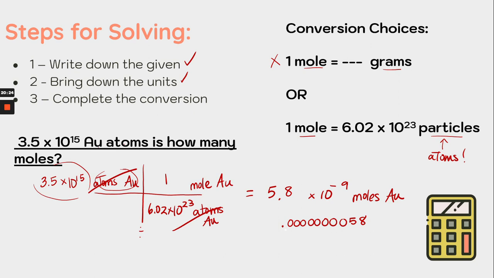But if it decides not to, remember that you can just count 1, 2, 3, 4, 5, 6, 7, 8, 9. So that's where the -9 comes from. I prefer scientific notation, but this is not the end of the world as long as you write it with the correct number of zeros. So don't panic if it doesn't give you the exact same number. Maybe it's just giving it to you not in scientific notation.